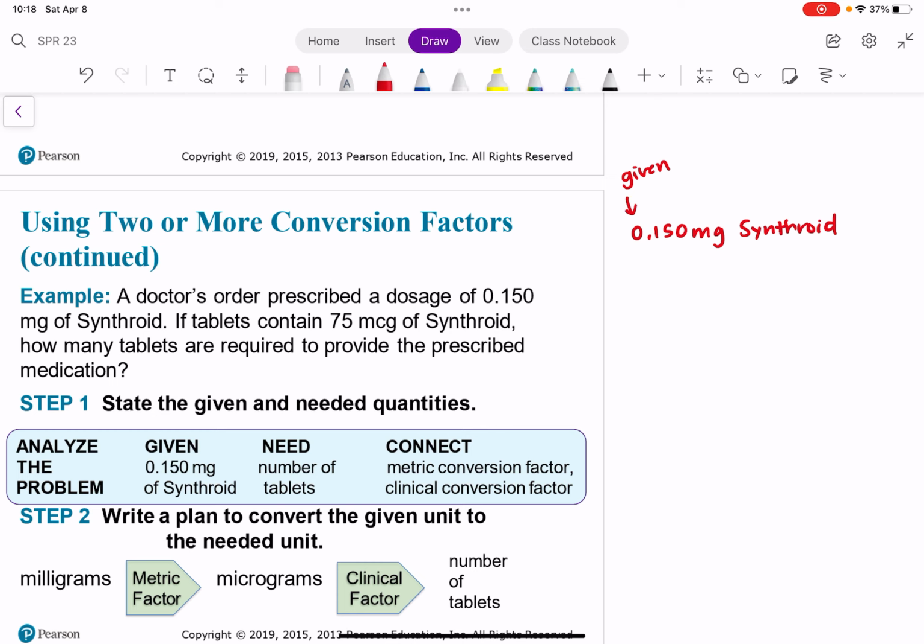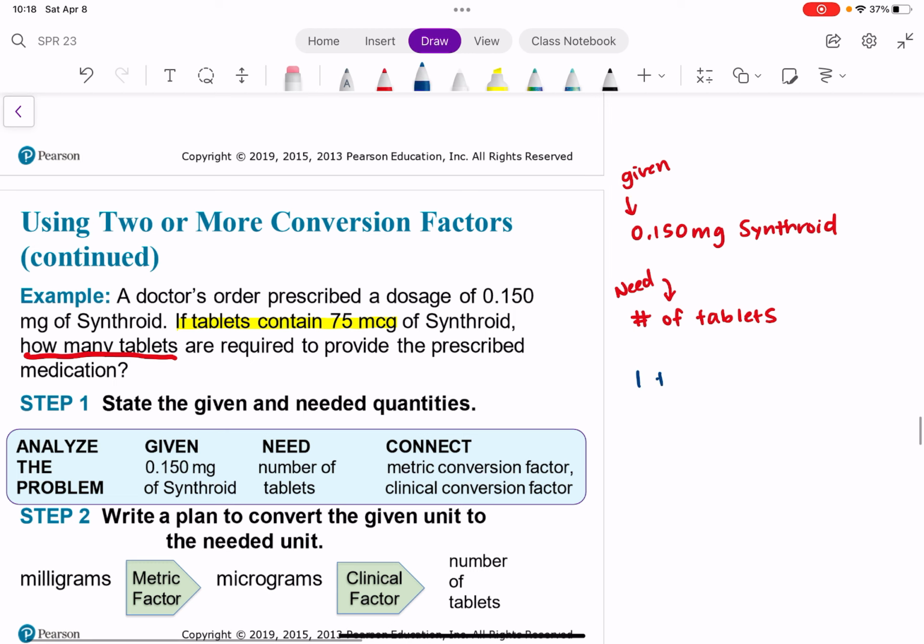Okay, so it looks like our goal eventually is to get to how many tablets we need. So let's put need: number of tablets. Okay, and then what I'm also noticing is that each tablet contains 75 micrograms.